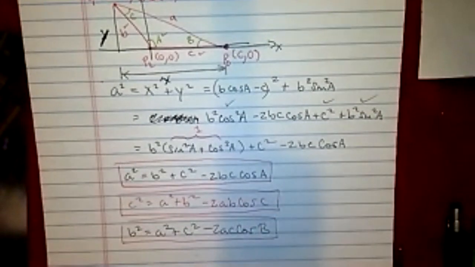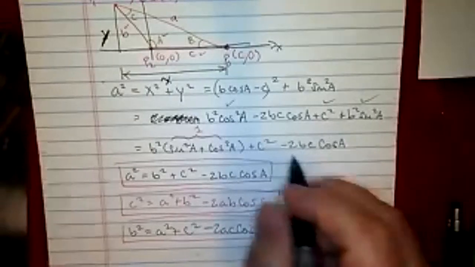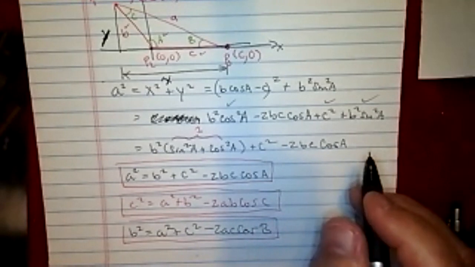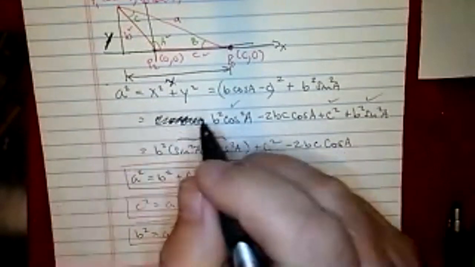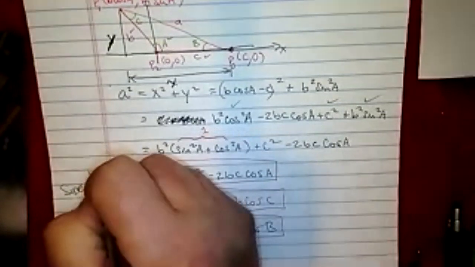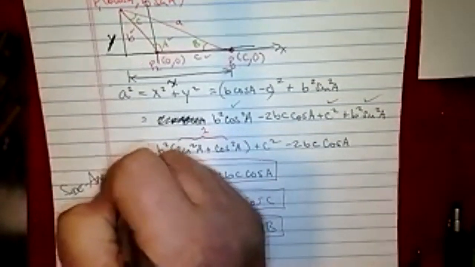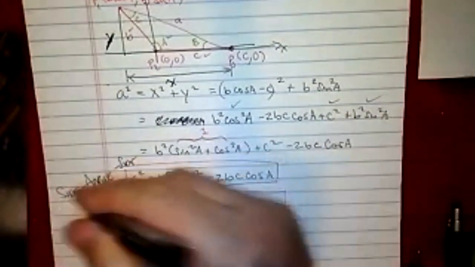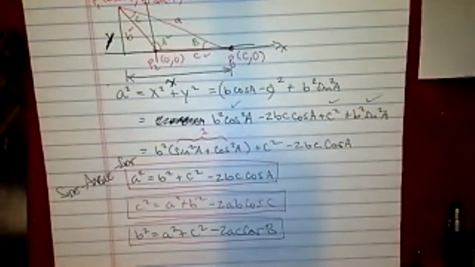So remember, this is when you have a side angle side, whereas the other one, the law of sines, was for angle side angle.